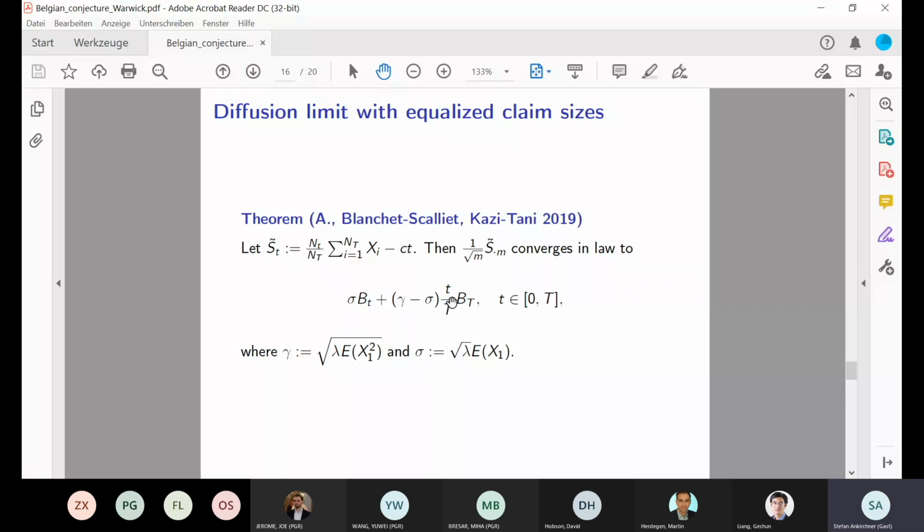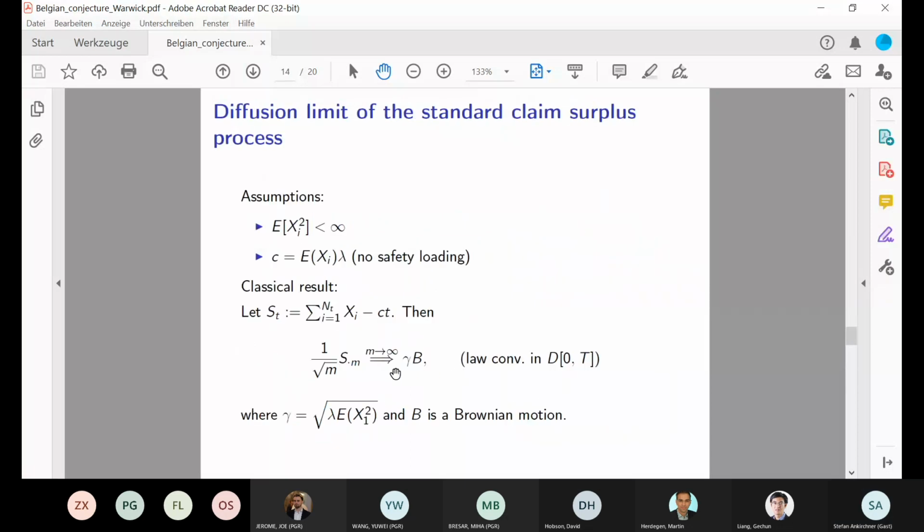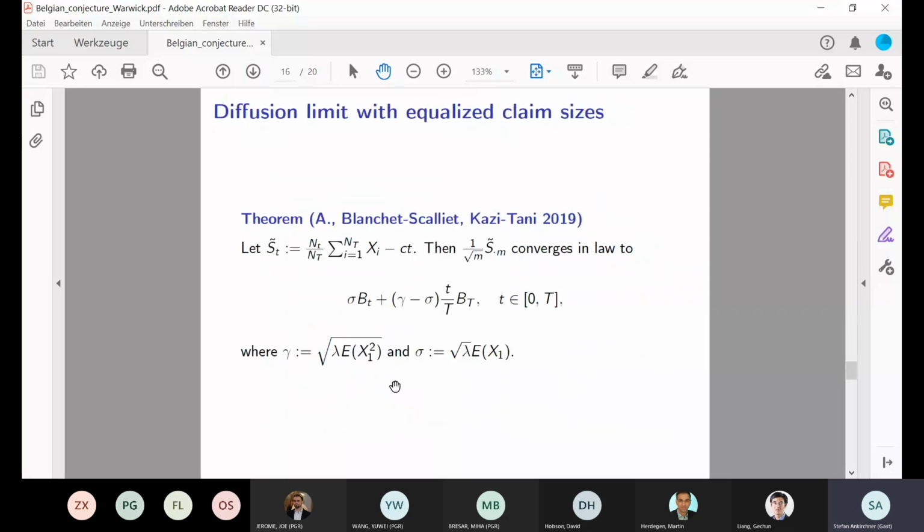And if you take the value little t equal to capital T, then you obtain gamma times the Brownian motion at T. So you obtain the same distribution that you have at time capital T of the diffusion of the classical model. That's the diffusion limit in this modified equation, and now we can take this in order to compute the ruin probability.